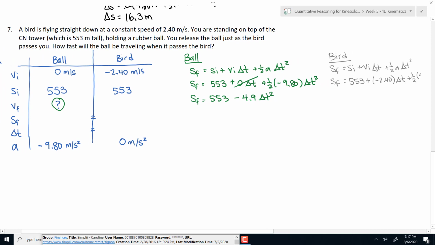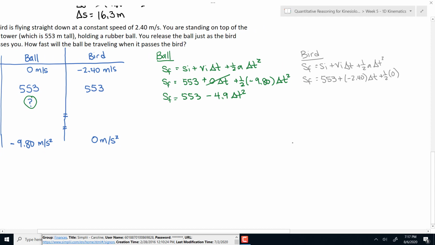The A for the bird is 0, and then delta T squared. Let's simplify that a bit. So we have 553 minus 2.4 delta T, and all of this goes to 0.